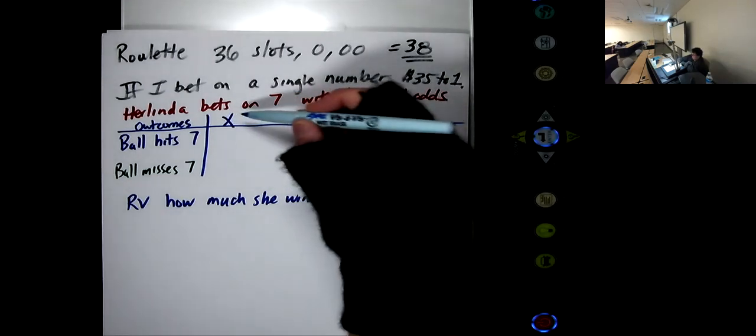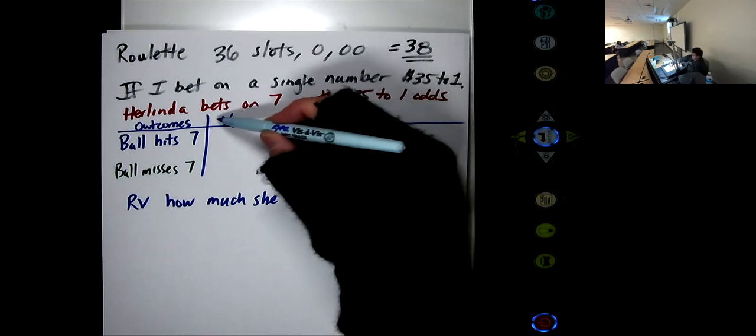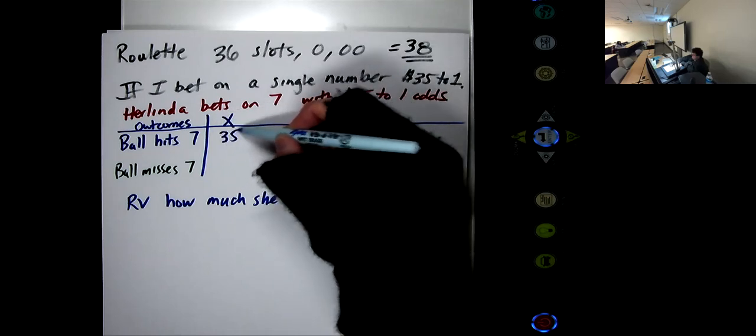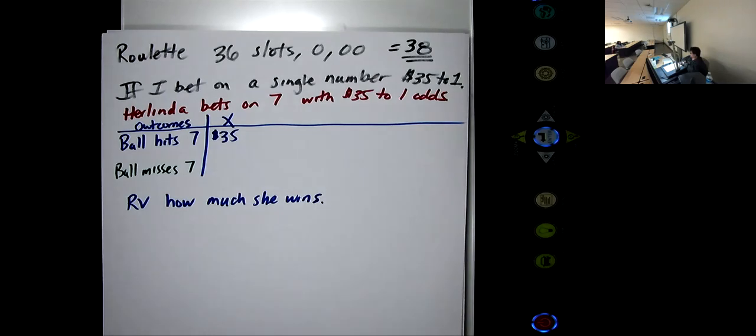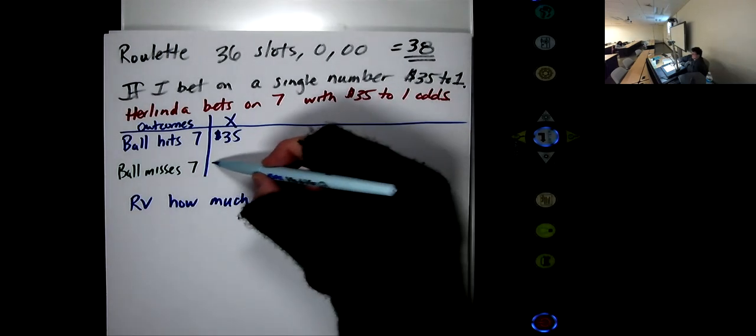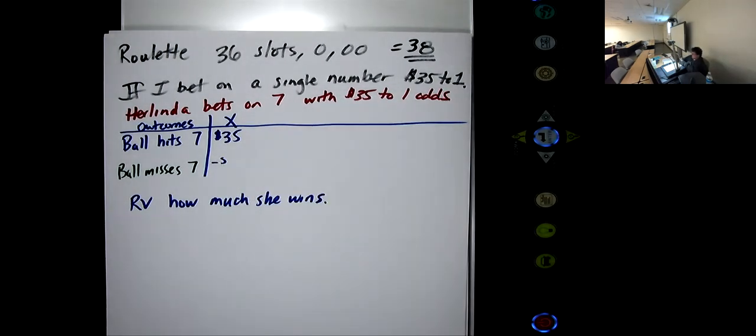If the ball hits, she wins $35. And if the ball misses, she loses $1.